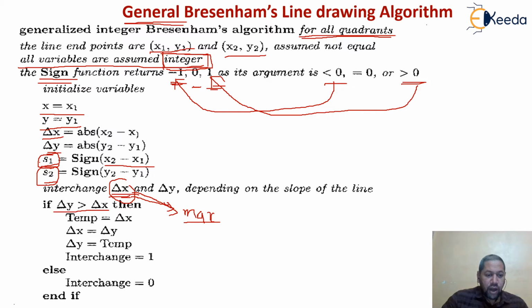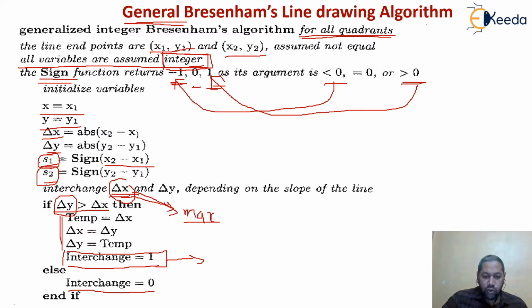Now, if delta y is greater than delta x, my assumption is wrong. So I'm going to interchange delta x and delta y, and I'll assign interchange equal to 1. This is very important to remember: if interchange equals 1, it indicates that delta y is greater than delta x. Else interchange is equal to 0, which indicates that delta x is greater.